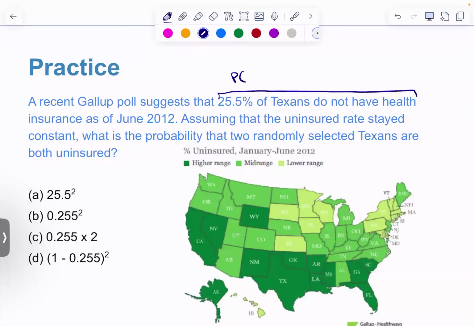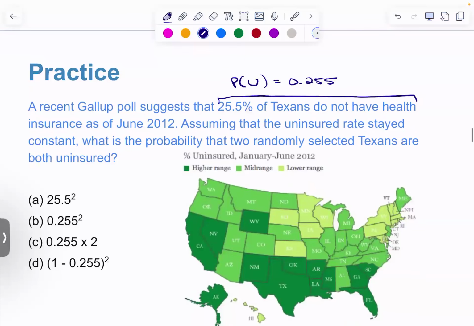So the probability of uninsured, I'll call it U, is 0.255. Whenever we're working with probabilities, they have to be between 0 and 1. Even if they're reported as percentages, which they often are, you want to bring it back to a proportion between 0 and 1.